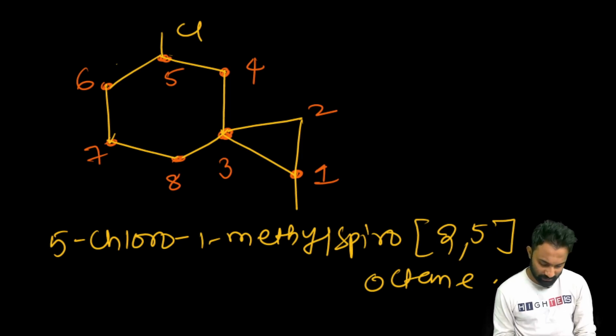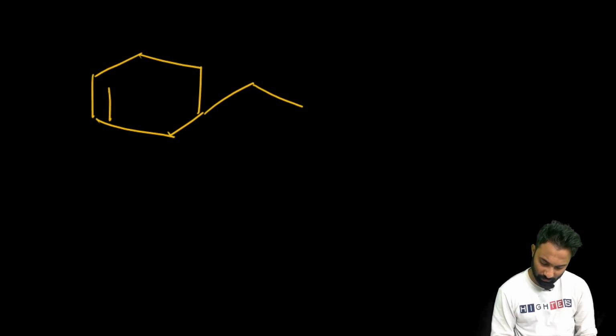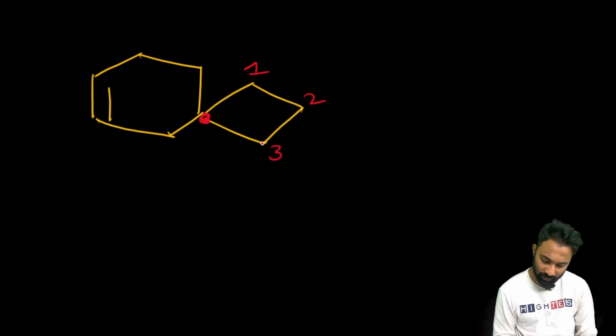Done. Now suppose an alkene is given in this manner. Then how to write the naming for this compound? Start here, this is the lowest carbon path, right? If you start the numbering from here 1, 2, 3, and it is 4.